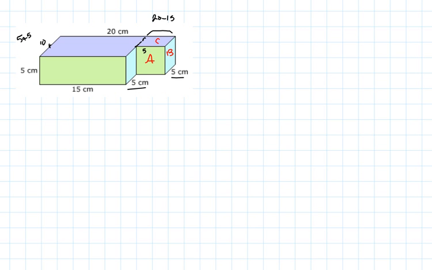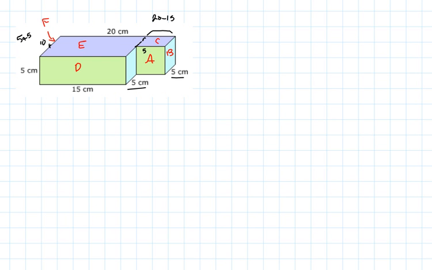For the larger rectangular prism, we have 15 by 5. That would be our, let's call it D. So that's the front and the back. E is the top and the bottom, and let's call this F right here the left and the right. Okay, so now let's find the areas for each one of those faces.